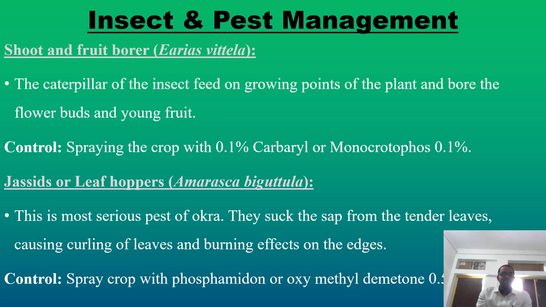And jassid or leafhopper is another serious problem of okra. Jassids suck the sap from tender leaves and cause curling of leaves, and there is also a symptom of burning effect. To control aphid or jassid or leafhopper, we can spray phosphamidon 0.5% solution.